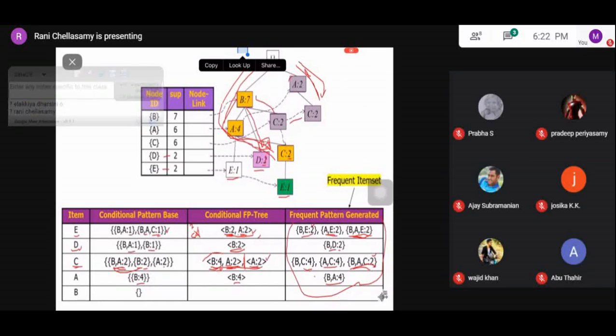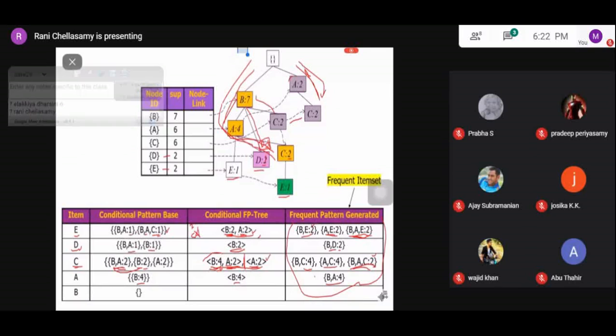So you have to leave this 4 value. So we are writing BAC as 2. Fine. Again with this A, if you are combining C, you will be getting AC. 2 plus 2, in total you will be having 4. That's the reason why we are having A comma C with support count value 4.